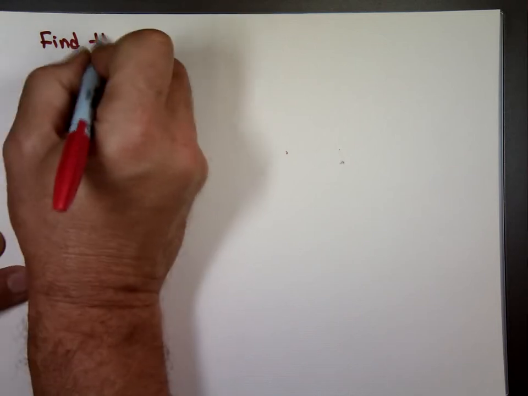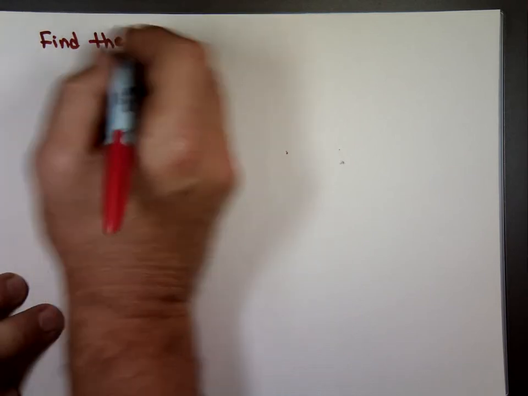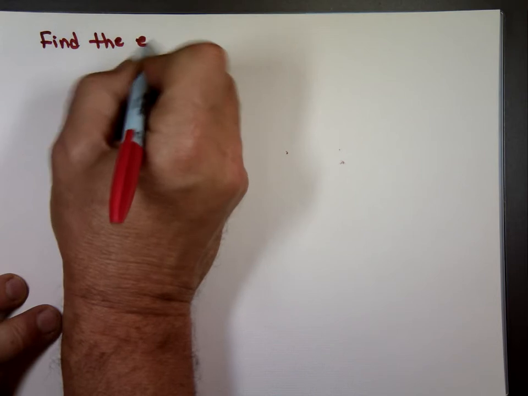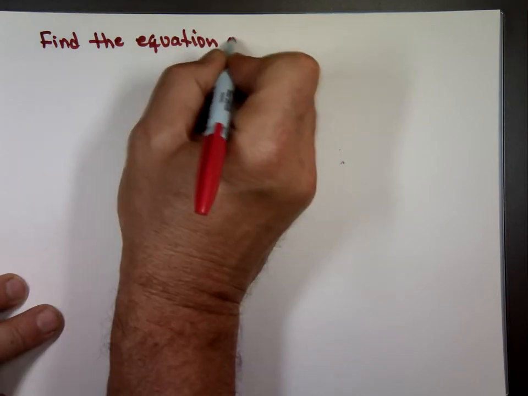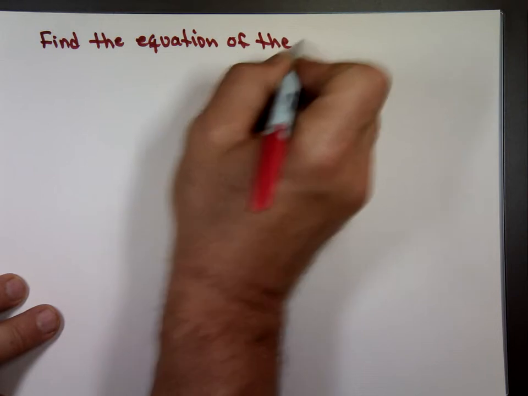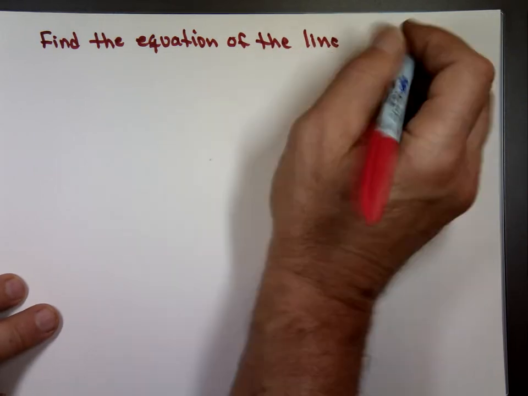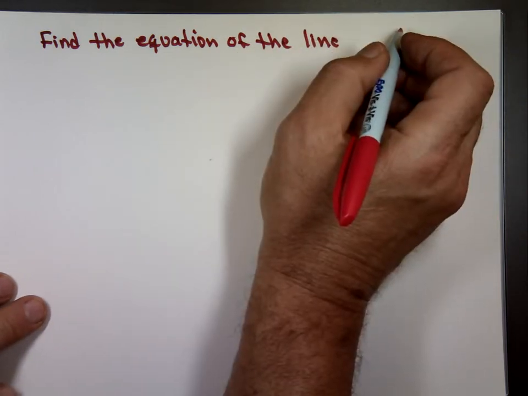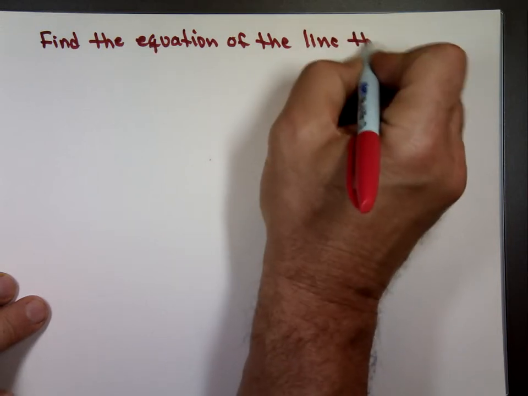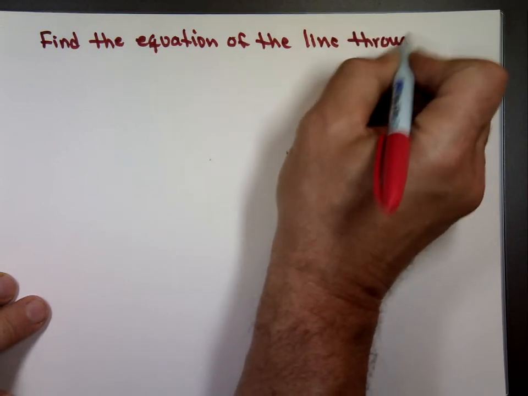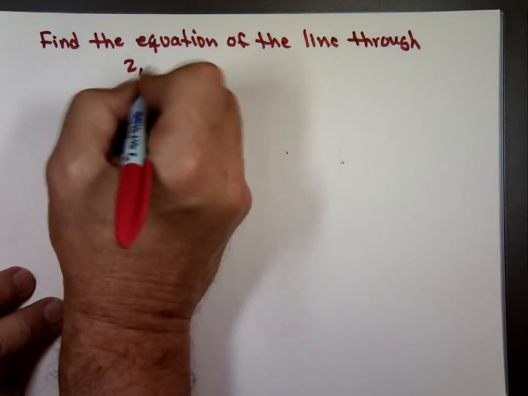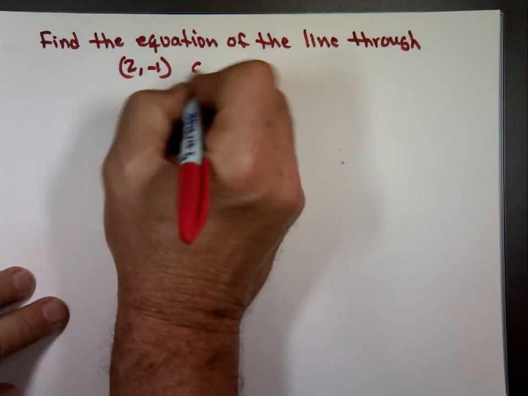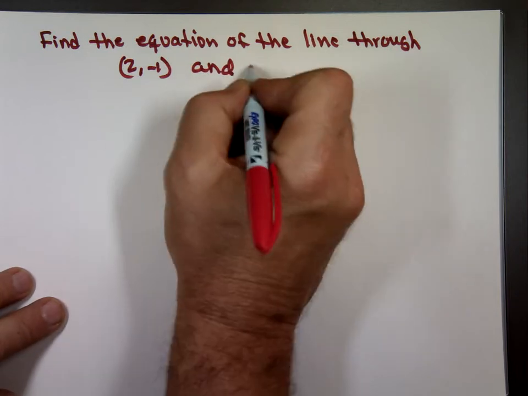Find the equation of the line, and the slope is, that passes through, I'm just eliminating some of the words, I'm getting lazy, through 2 and minus 1 and 6 and 2.